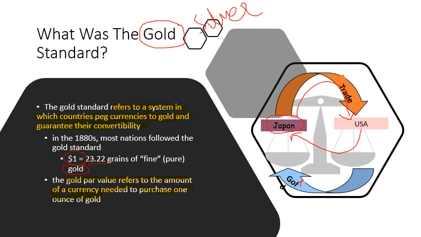The rise in the price of Japanese goods would decrease the demand for these goods, while the fall in the price of US goods will increase the demand for these goods. Thus the Japanese will start to buy more from the US, and the United States will buy less from Japan until the balance of trade equilibrium is achieved.